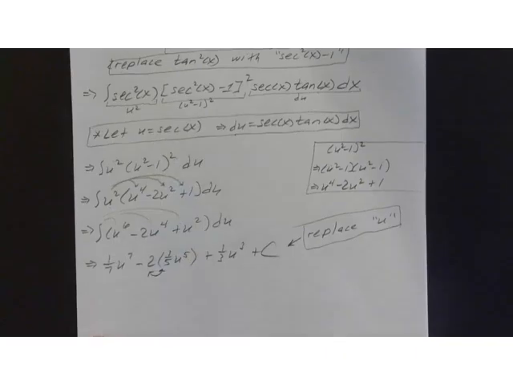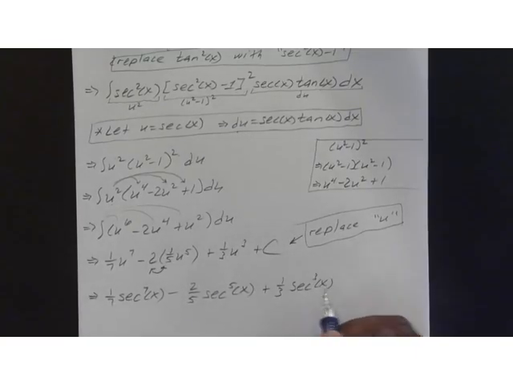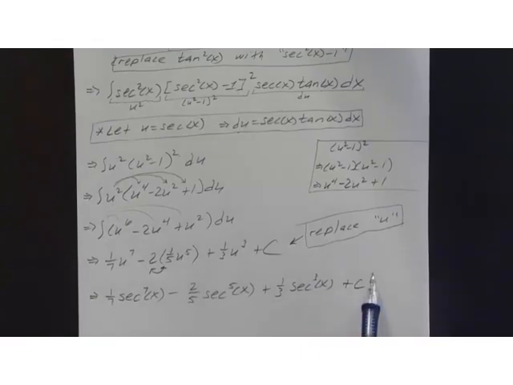Our u is secant of x, so that gives us 1/7 times secant of x to the 7th power minus 2/5 times secant of x to the 5th power plus 1/3 secant of x to the 3rd power plus c.